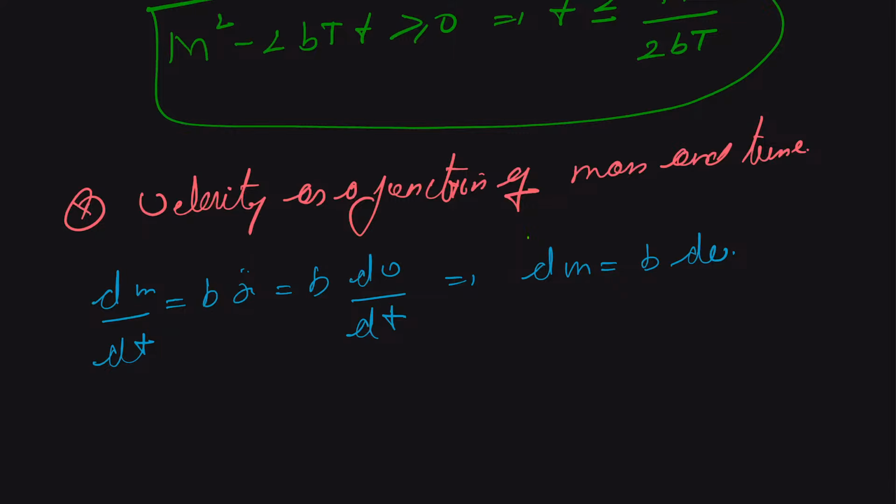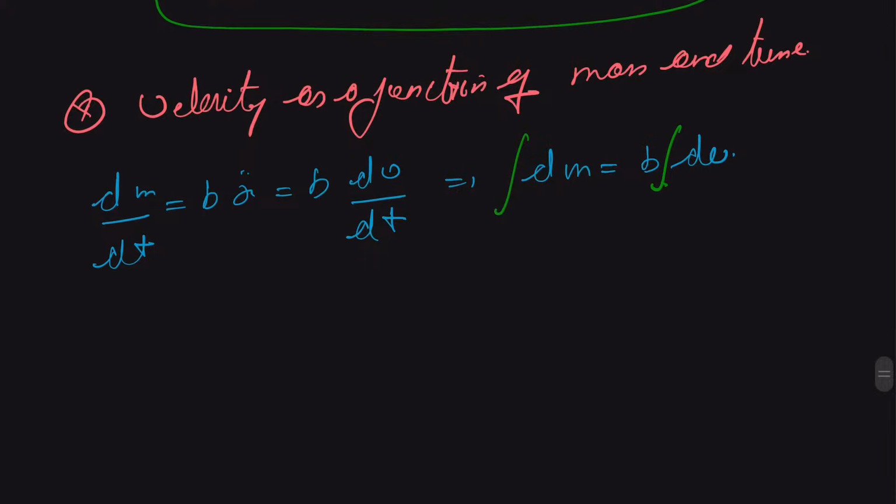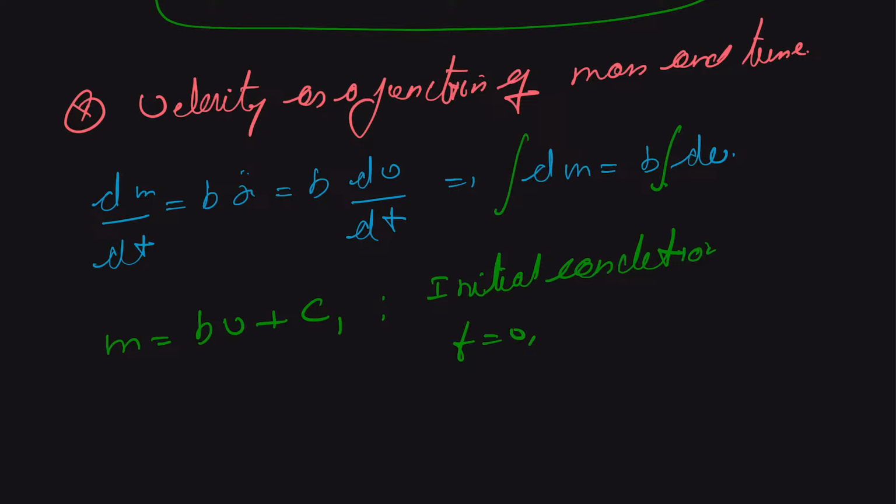Now we can just integrate it. And we know that our integration is going to give us m is equal to b v plus a constant, let us call that constant c1, and we are going to find out c1. So once again, our initial condition: we know at t is equal to 0, our mass is equal to capital M, that is, the bucket was full, and our velocity v was equal to 0.